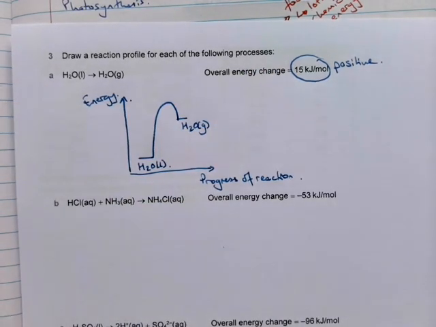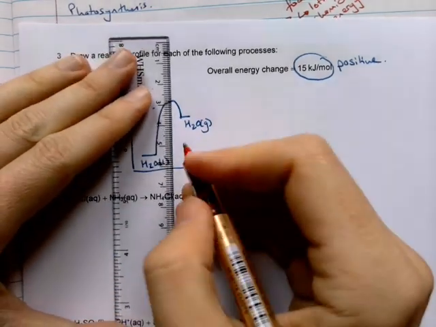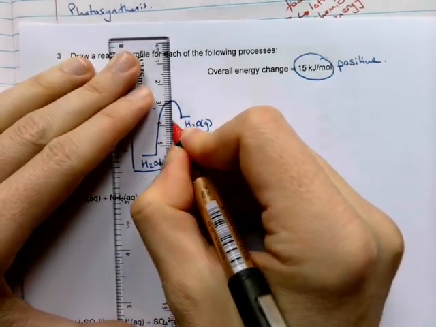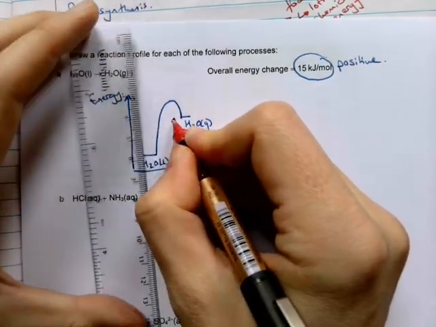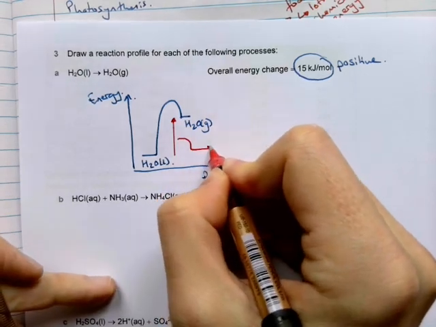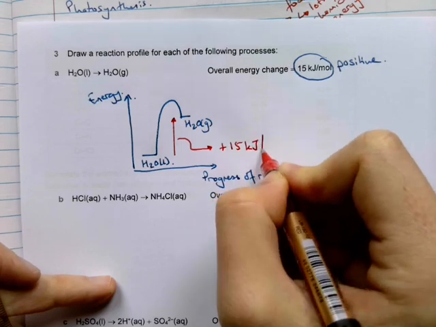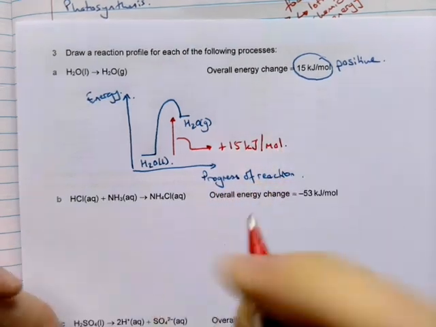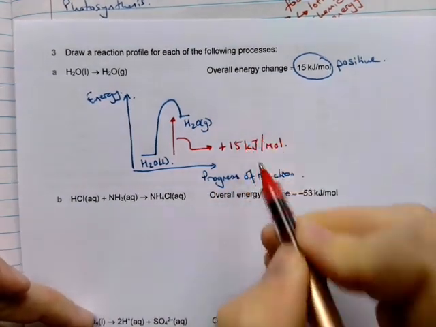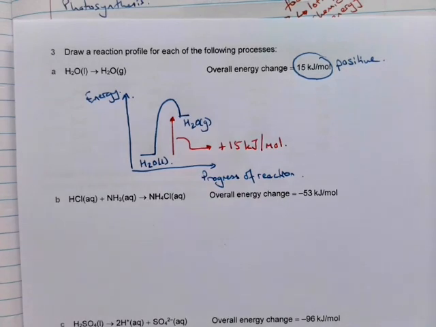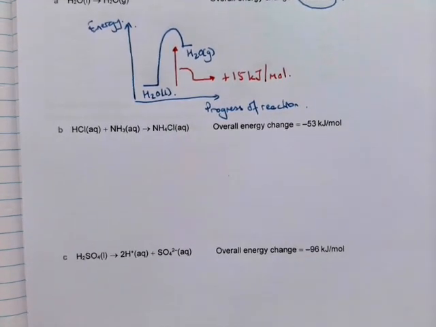Then I'm going to label my overall energy change, which is the difference between the reactants and the products, that there. So that there is plus 15 kilojoules per mole, which is just the units for energy we're using at the moment. Then you need to do the next two there.